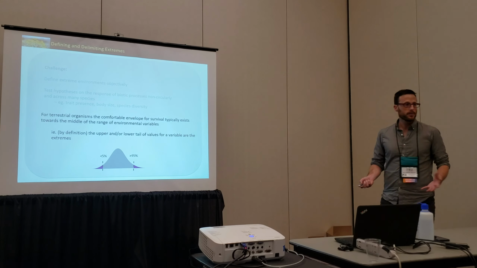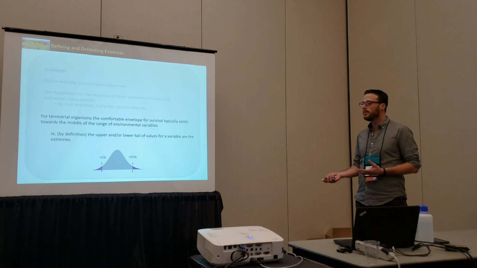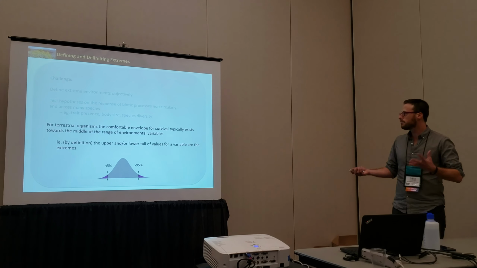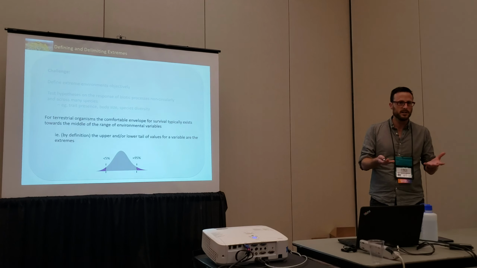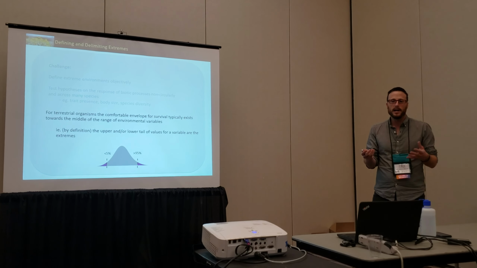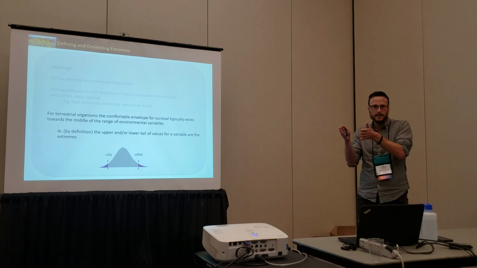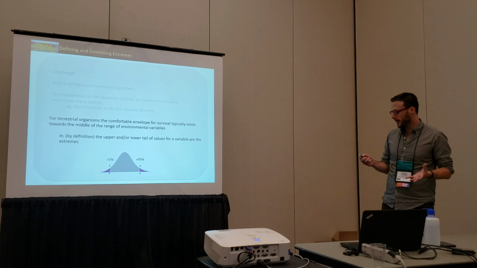So, for terrestrial organisms, we can say that at ground level or thereabouts, the comfortable envelope of survival is round about the middle of the range of most variables. And this is by definition, extreme being the ends of the variable. The ends of the variable are the variable space within which organisms are finding it difficult to survive.